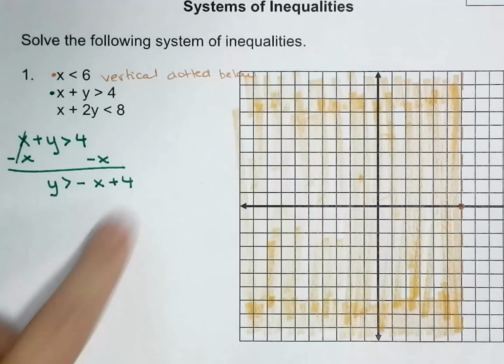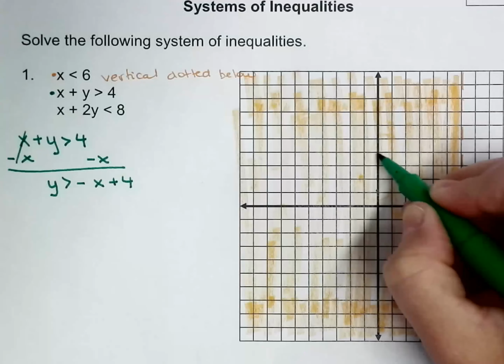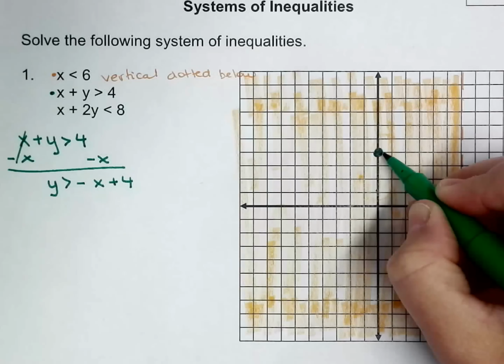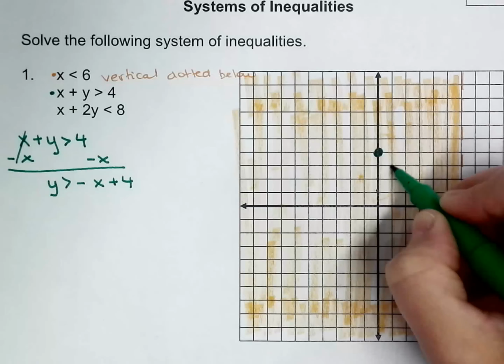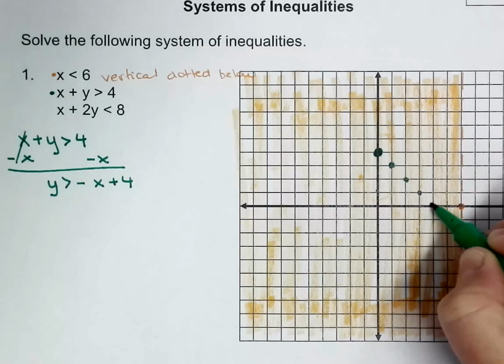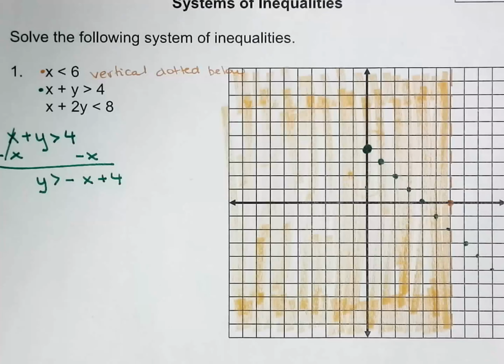So I'm going to graph that line. So the y-intercept is 4. Y-intercept is 4 right there. The slope is negative 1. Go down 1 over 1, down 1 over 1, all the way to the end. Or, just make a couple dots right there.